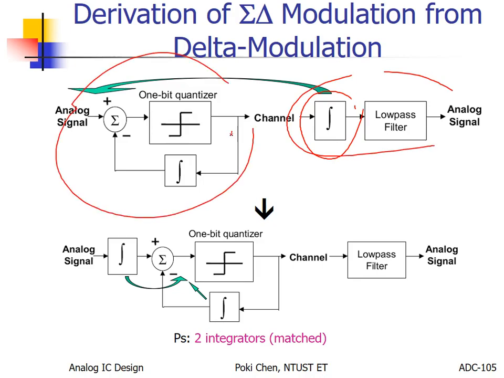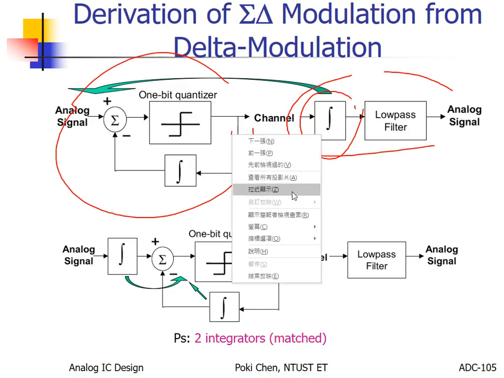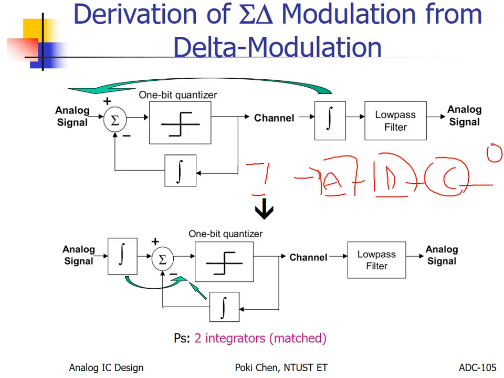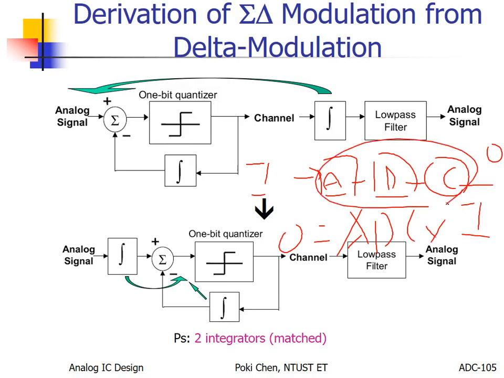Why? According to a linear system, from the input to output, you have A and B and C, then you get the output. So what is the equation for your output? The output is A and B and C applied to the input. That's it. So if you change the order of ABC to become BCA, ACB, who cares? You still get the same output, right? That is what we learned from the past.